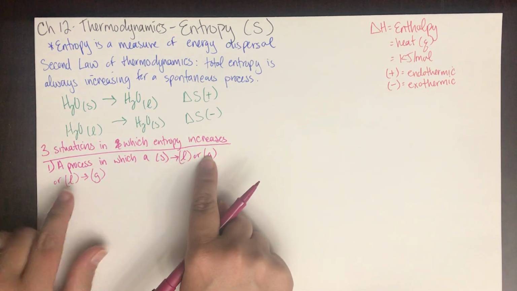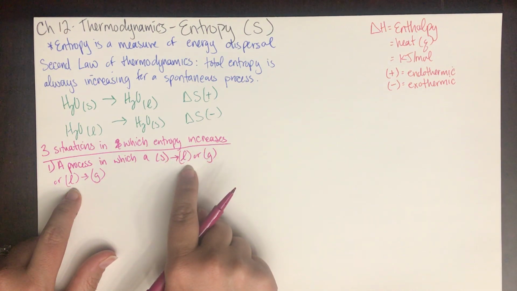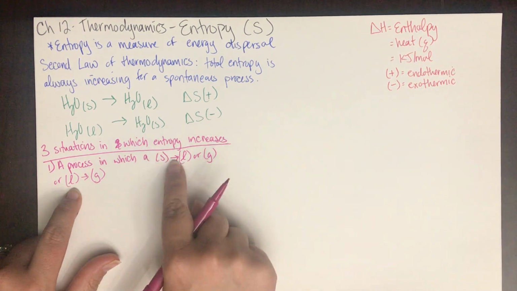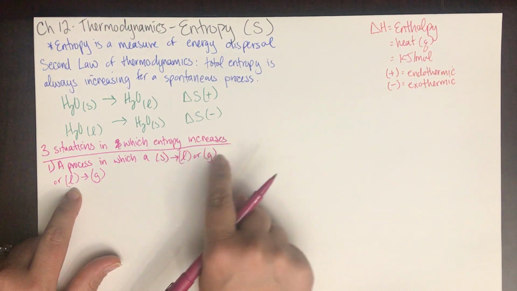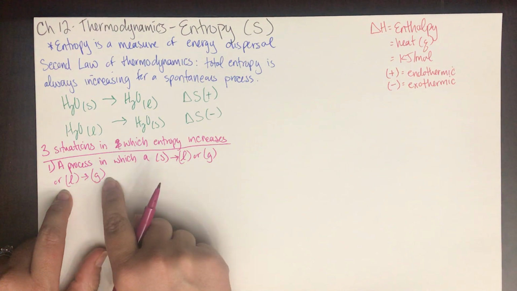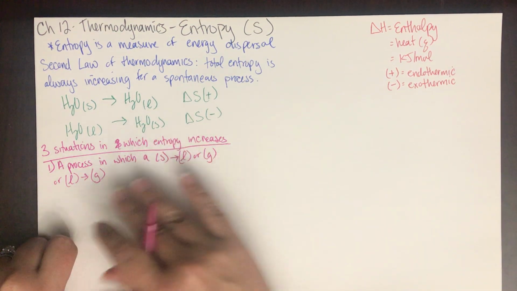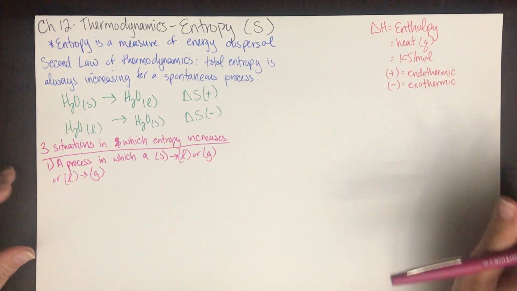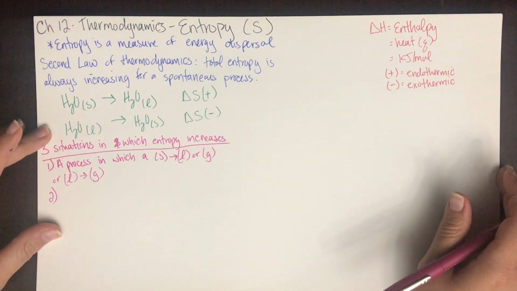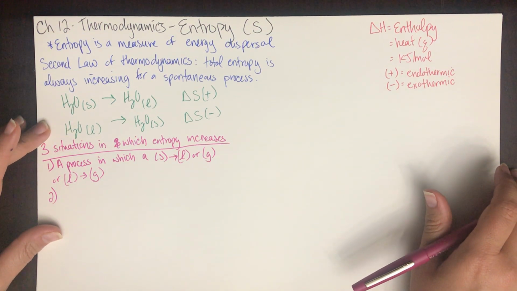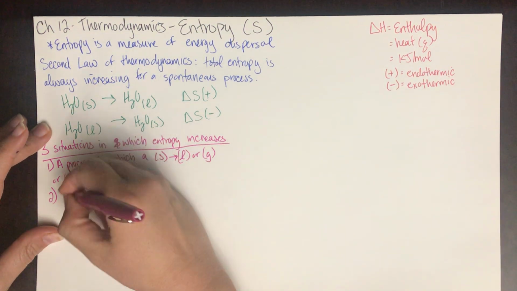Because in either of these situations, entropy is increasing because energy dispersal is increasing. So the energy of these molecules as a solid is increasing as a liquid and a gas, or as a liquid, it would be increasing as a gas. So these are a few situations where entropy increases. Another situation where entropy increases is in a reaction in which there is an increase in the number of moles of gas.